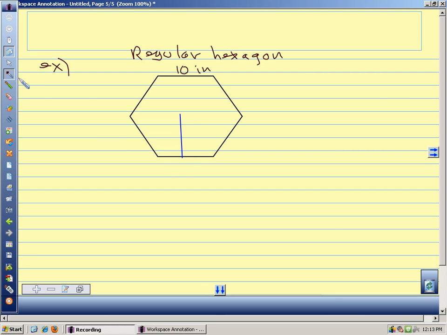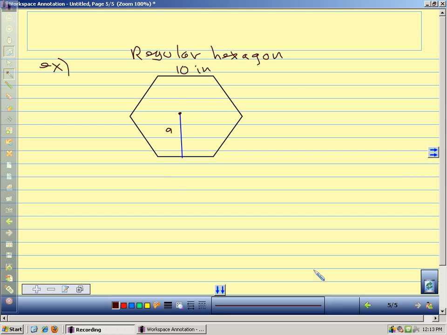Here's our apothem. We have a regular hexagon. So the apothem is half the side length times the square root of 3. So the apothem equals 1/2 of 10 times the square root of 3. And that gives us 5 square root 3. And we're in inches.